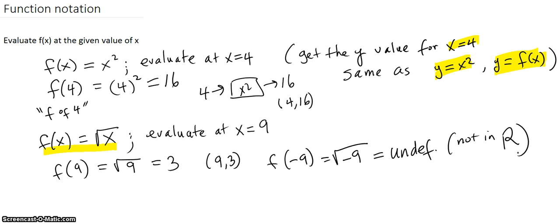It's in the complex number system, which you can learn about later. And so negative 9 would not be paired with anything. It'd be like question mark. It'd be blank.